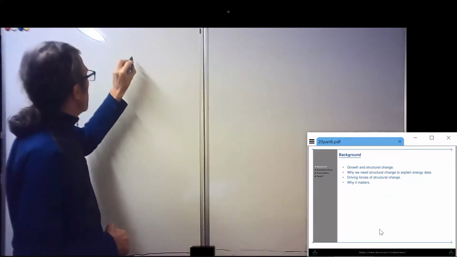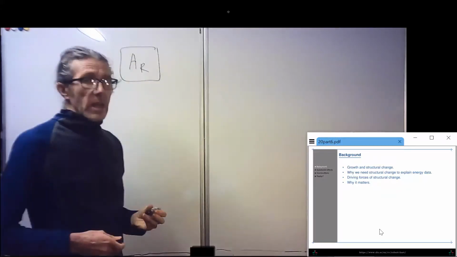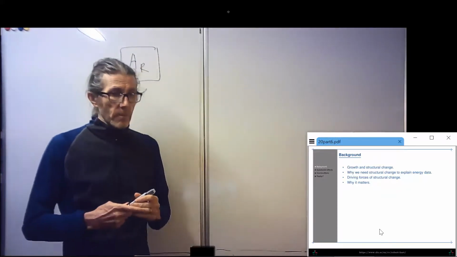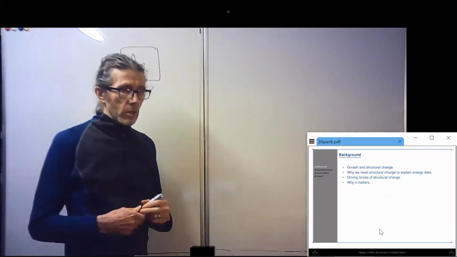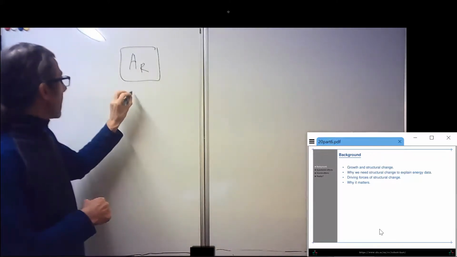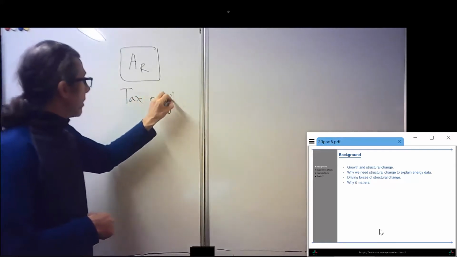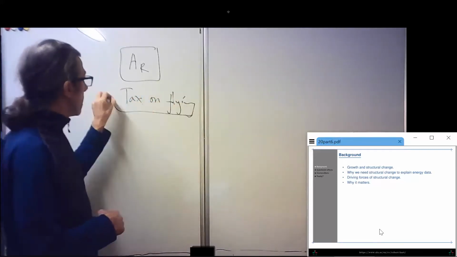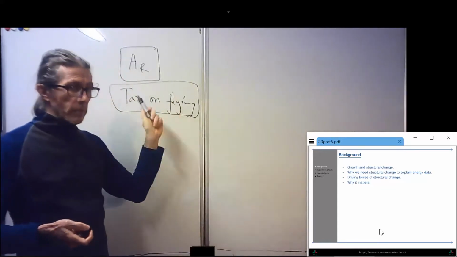We're thinking, should we subsidize increases in our resource productivity? Or should we have a tax on flying? So the ideal is an emissions tax, but we could have a tax per flight.